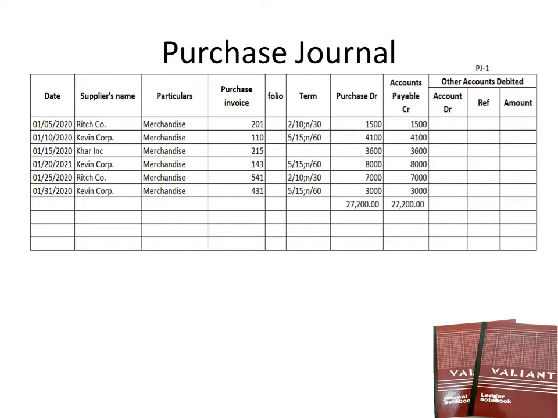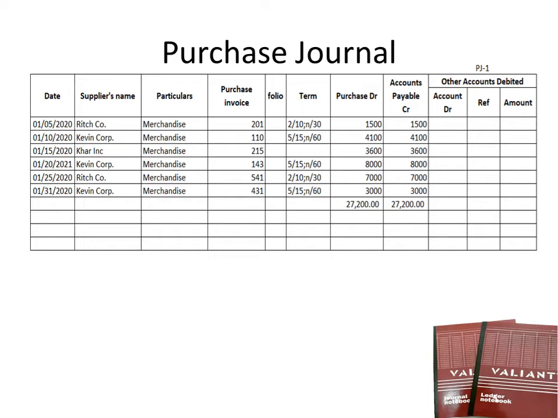We have January 5, 2020, Rich, purchase merchandise, or you could also put in here t-shirt. Then the invoice number is 201. Folio we leave blank because we have to cross-reference it with our ledger. And then the term of payment: we have a 2% discount when we pay within 10 days and no discount when we pay after 10 days but before the 30 days.